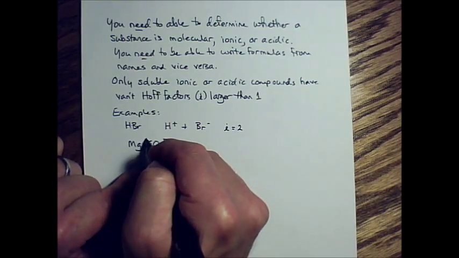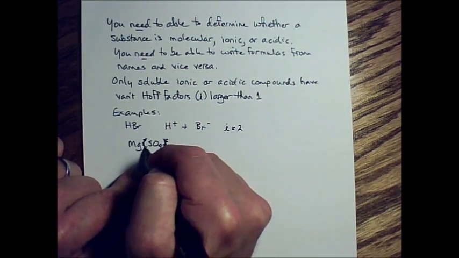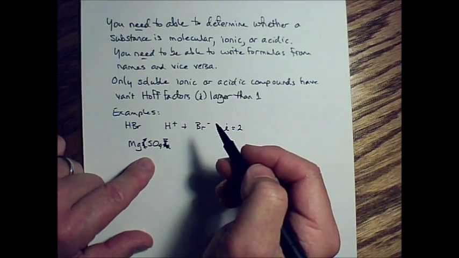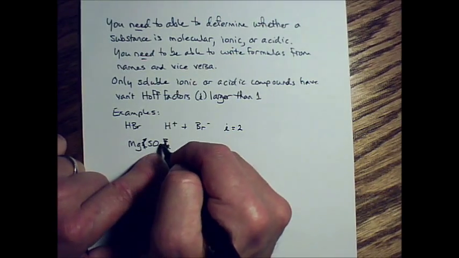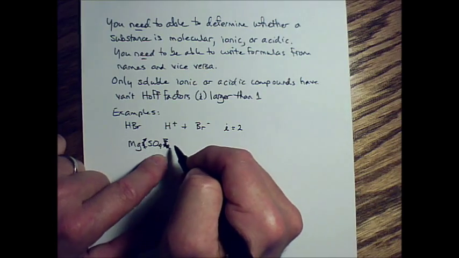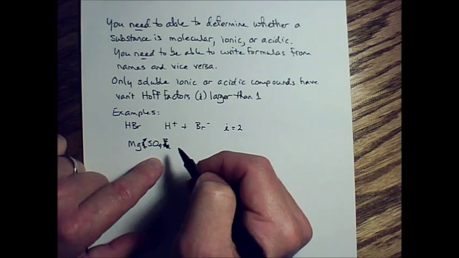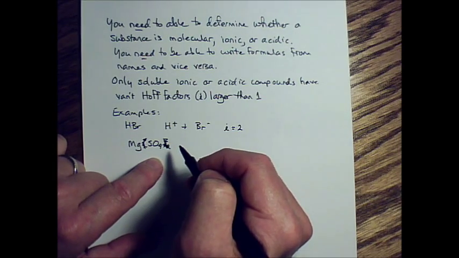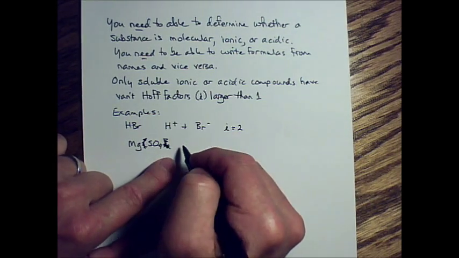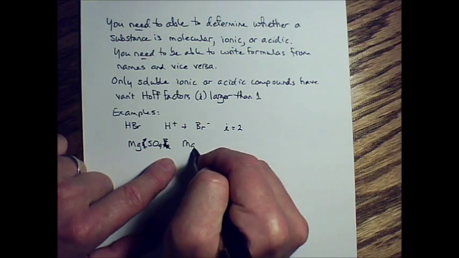All right. Actually, you know what? That's the wrong formula. It's just MgSO4. Okay. Now, there's a polyatomic ion here. That's your clue that you've got an ionic compound. This is made of magnesium.